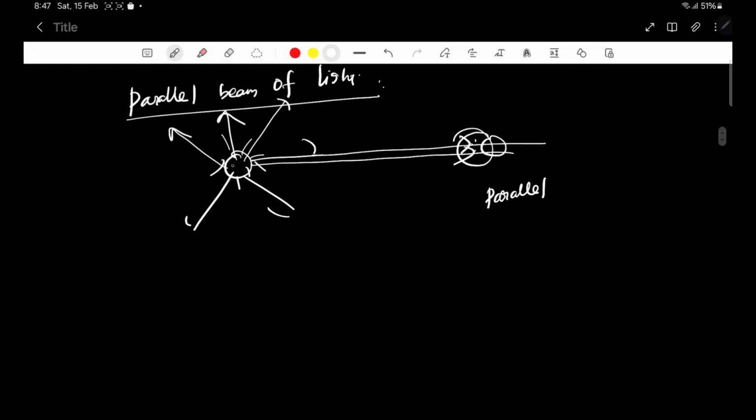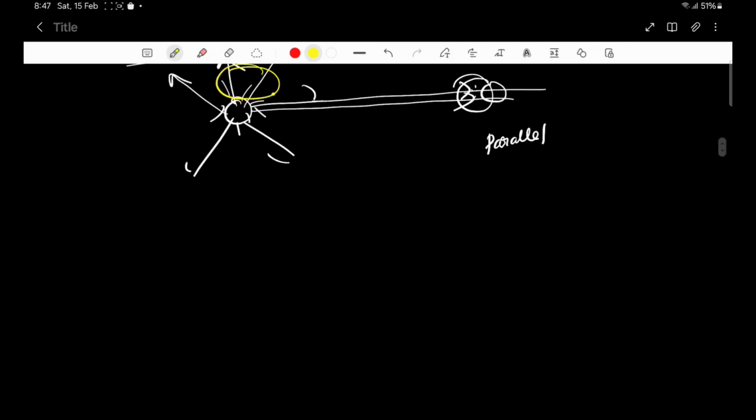Similarly, if you are very close to the sun, then these light rays are not parallel to each other. They have a diverging nature, so these light rays are called a divergent beam. Similarly, consider this example also. If you have a convex lens, I will talk about lenses in more detail over the course of time.